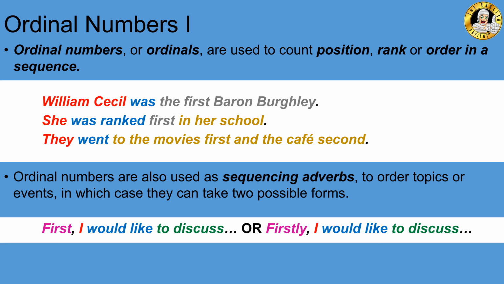And we can also do that with these ordinal numbers. So you can say, first, I would like to discuss. And you can also say, firstly, I would like to discuss. So these are being used here as adverbs, in which case both of them have the same actual meaning. There's no real difference. It's just a matter of your choice for style.